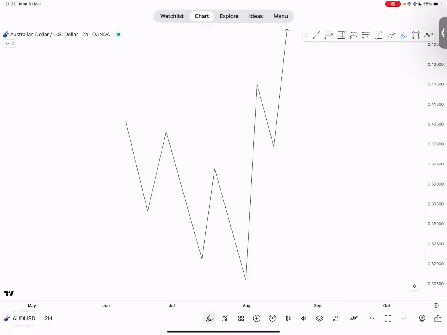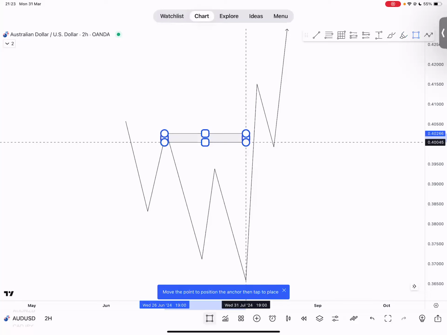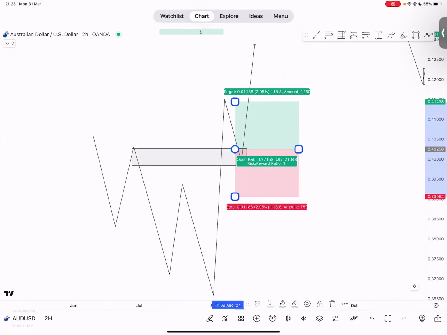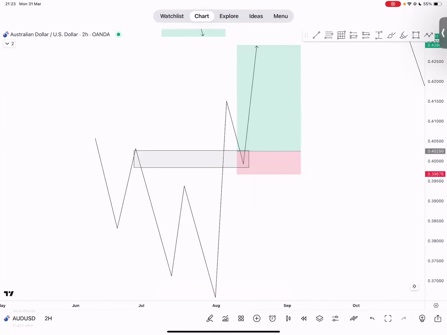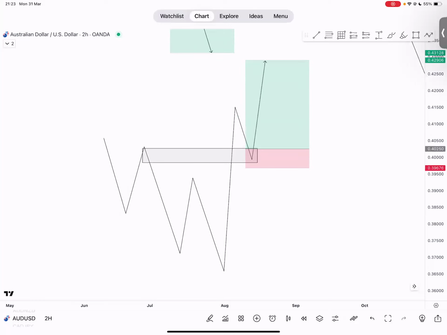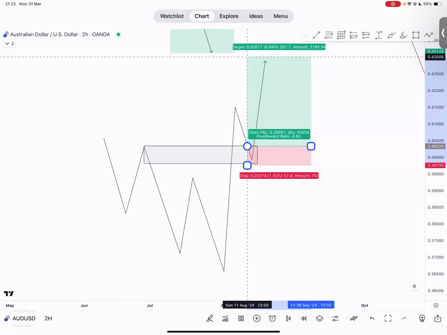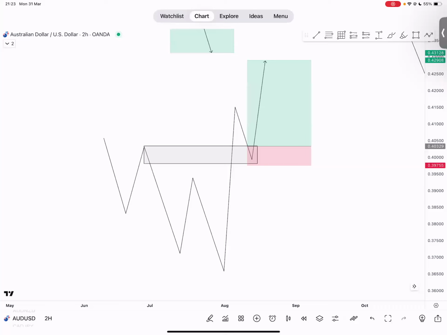It creates a breaker block opportunity, but in this sense, it's going to be a bullish breaker block opportunity. So the failure of a supply zone or a bearish order block with little or no reaction to it creates a bullish breaker block, just like this.